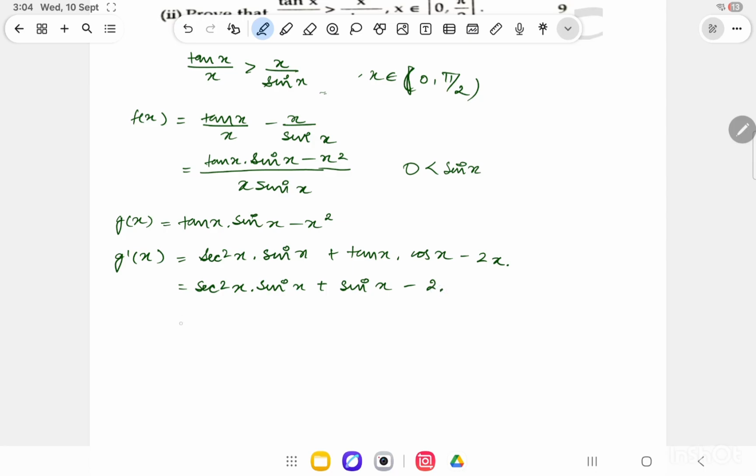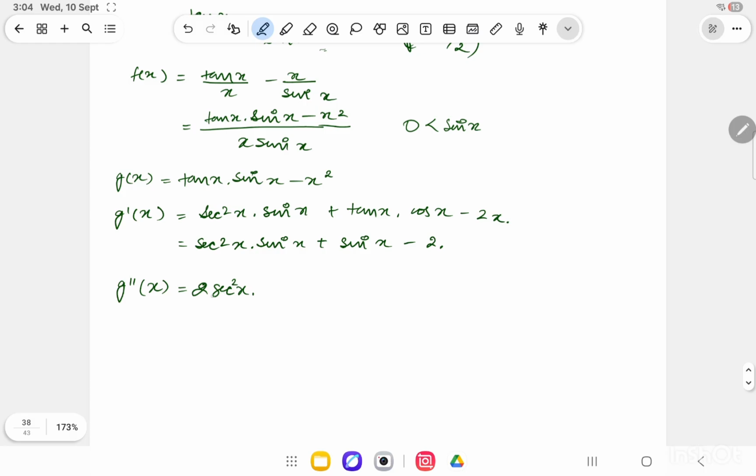Now if I take double derivative of g(x), that is g dash x, so that will be equals to 2 sec x, and derivative of sec x is sec x tan x, so it will be 2 sec square x tan x into sin x plus sec square x into cos x plus cos x.